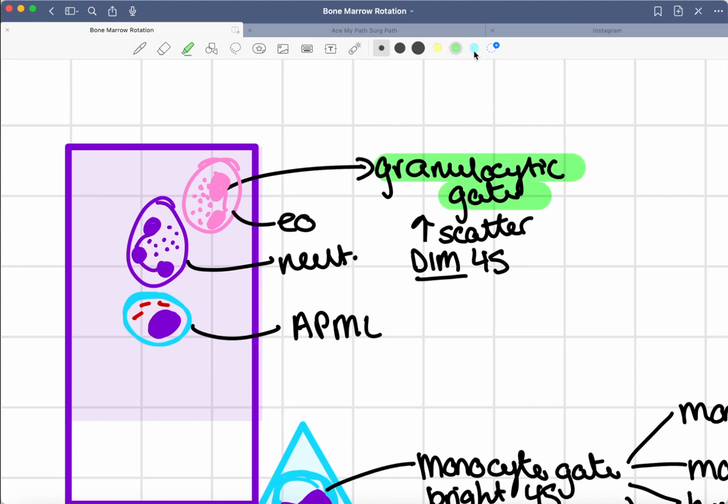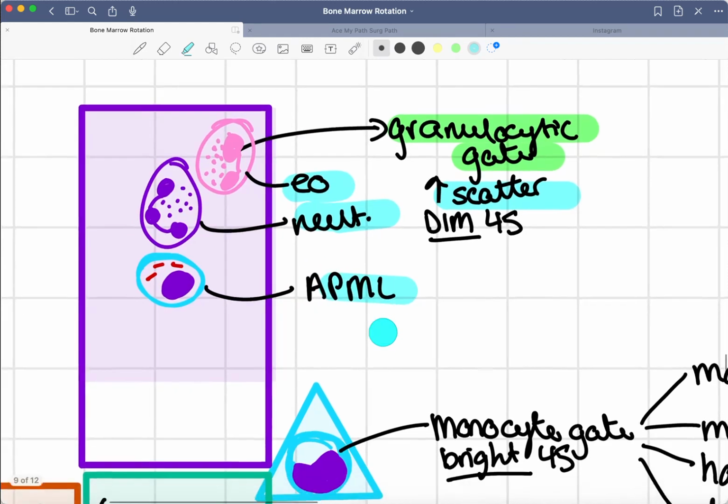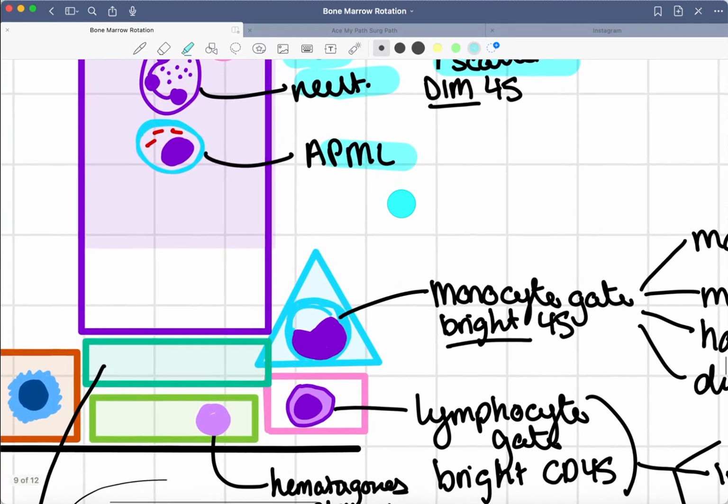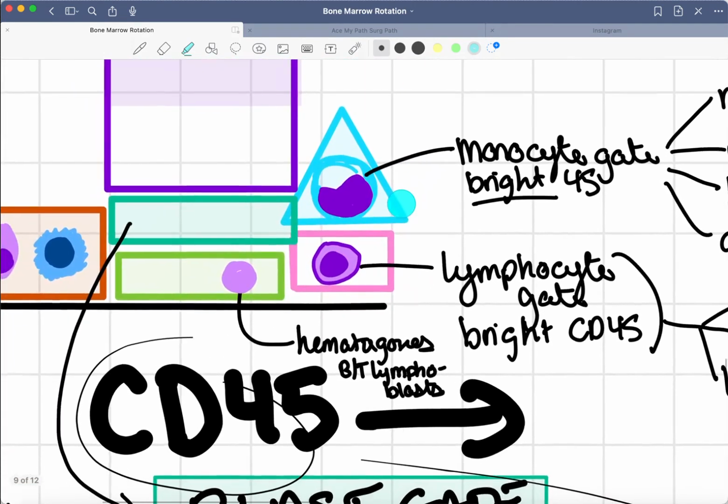So these ones are important because they're cells with, of course, increased scatter due to high amounts of granules. And so the highest one here that we're going to see is the eosinophils. We're also going to see the neutrophils, and then very importantly, we're going to see the cells of APML. So if you see blasts and they are coming out in this region, then you want to be thinking of APML, which is acute promyelocytic leukemia.